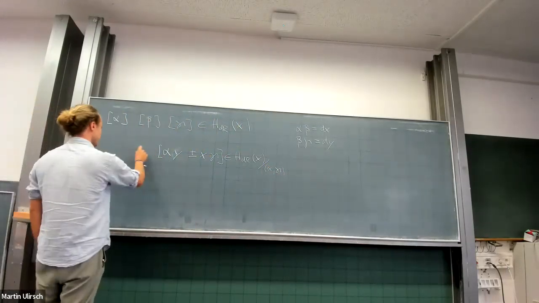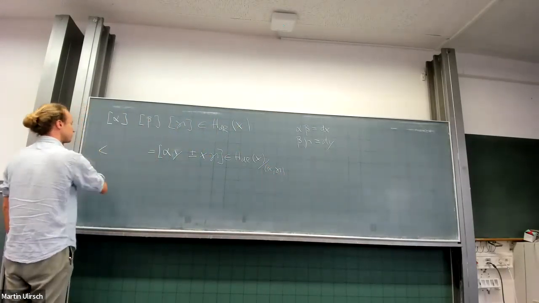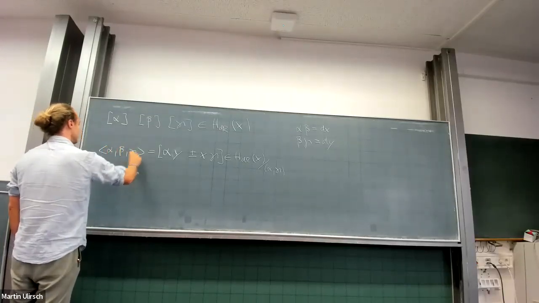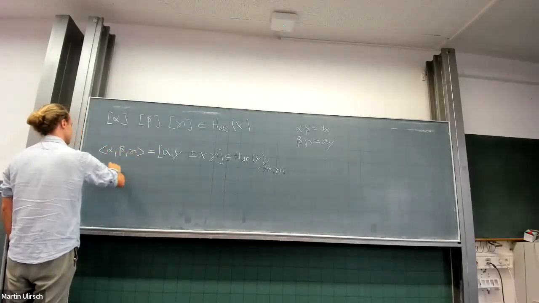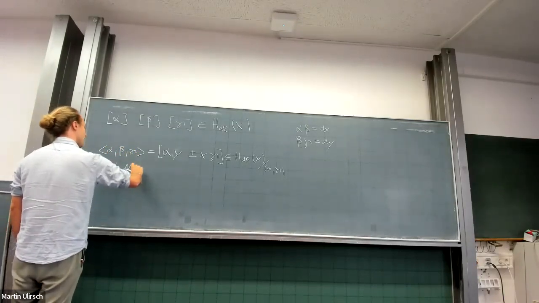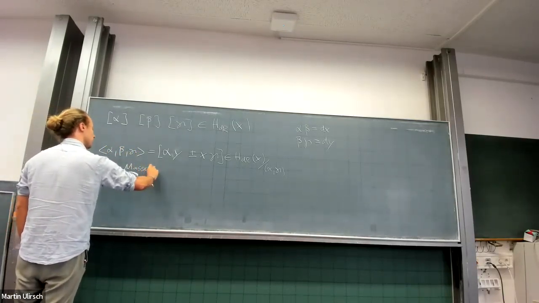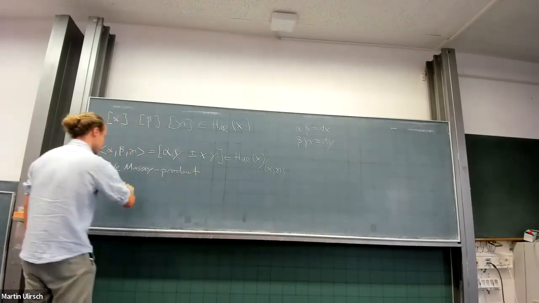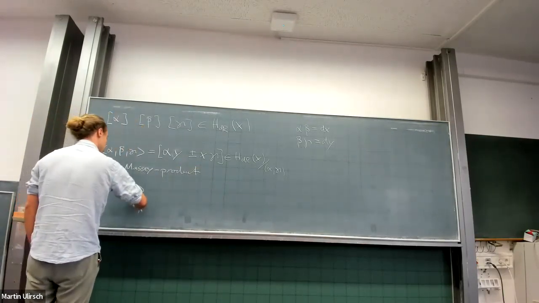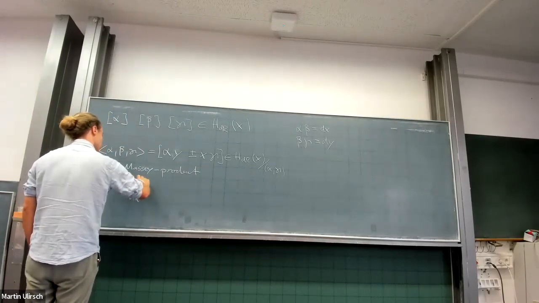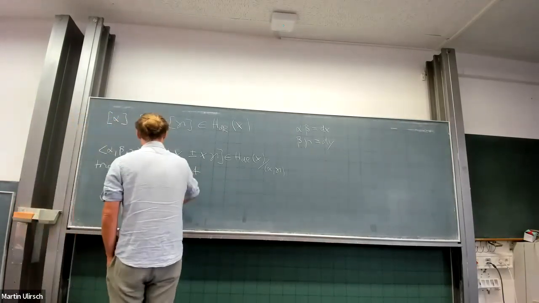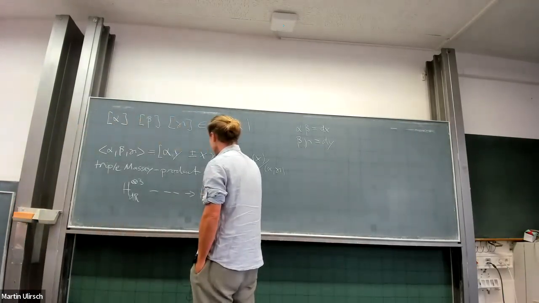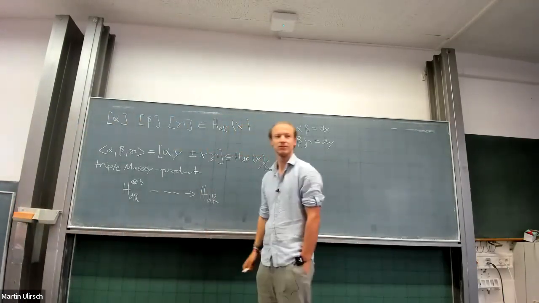Okay, so let's give this a name, or a new symbol: the triple Massey product. And we can consider this as a partially defined operation that takes three inputs and gives one output.